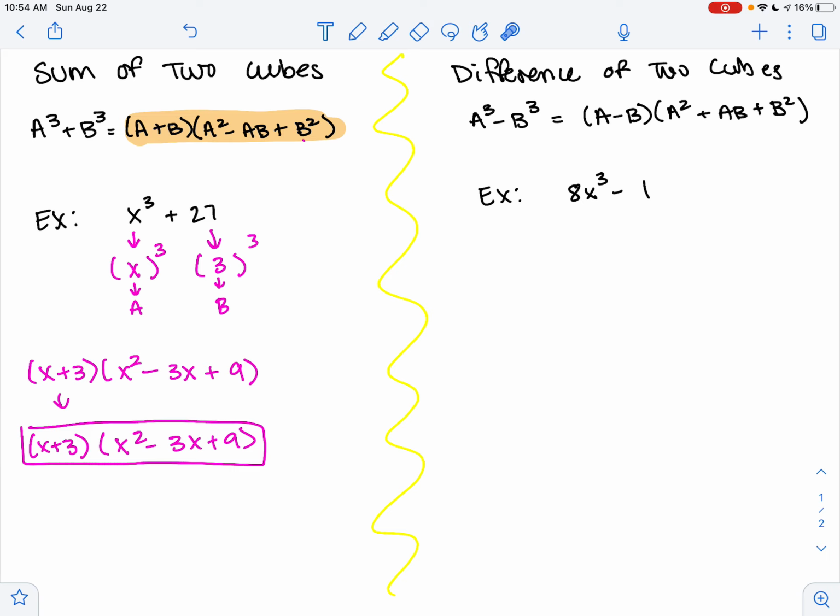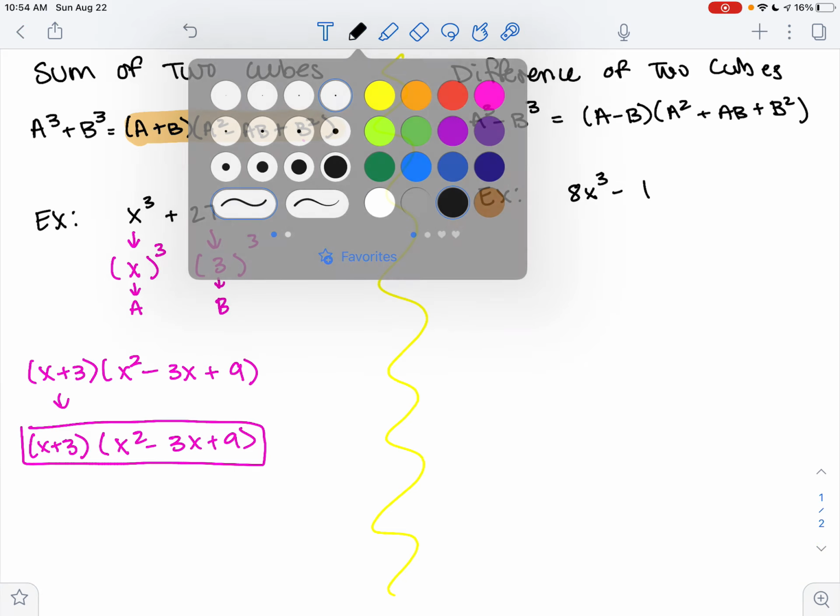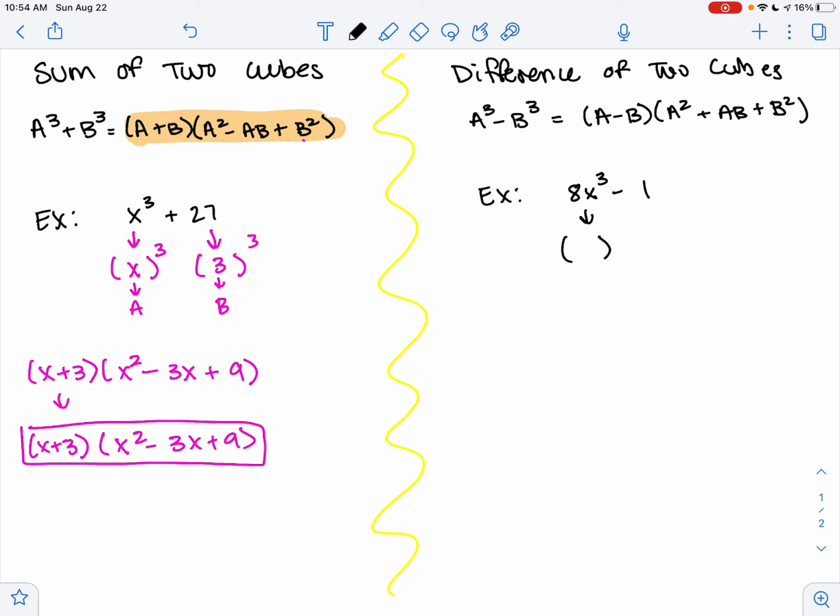I need to figure out what is being cubed in this first term and what is being cubed in the second term. Well, it looks like 2x is being cubed because 2 cubed is 8 and x cubed is x cubed. In my second term, it looks like 1 is being cubed because 1 cubed is 1. So 2x is going to be a and 1 is going to be b.